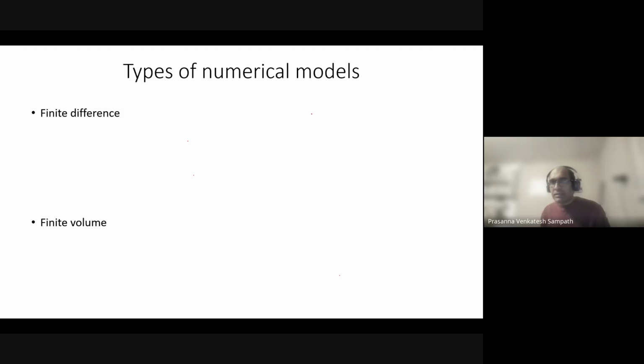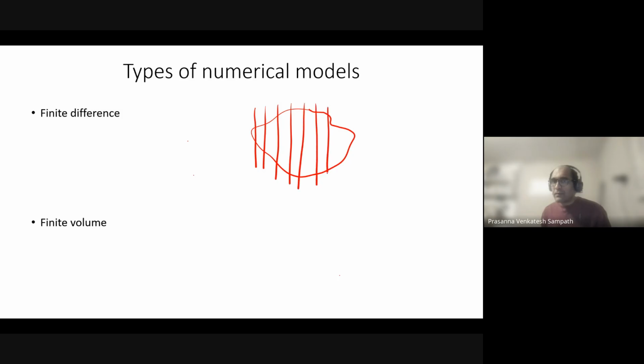Okay, one kind of more obvious difference that is most often given is like this. Let us say this is my area of interest, this is my domain. When I use a finite difference model, I break it up into different grids, something like this.